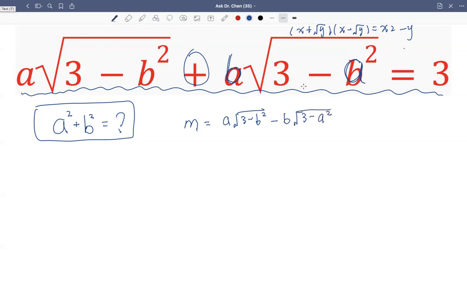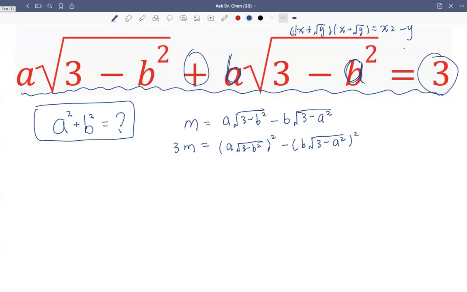Because this whole thing equals 3, right? We could just call its name 3. So if we multiply those conjugates, we would get the first one squared. We would get a square root of 3 minus b squared, then minus b square root of 3 minus a squared, just like in this formula.